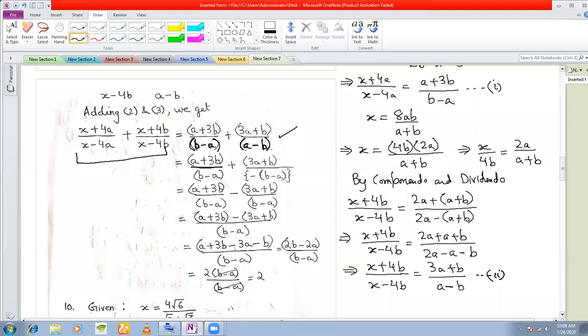Now I want to make the denominators the same. So I take a minus sign out from this denominator, so this becomes b minus a. In the next step, plus and minus will give you a minus sign. So now my denominators are the same. Now I take the LCM to get the value. Any problem?